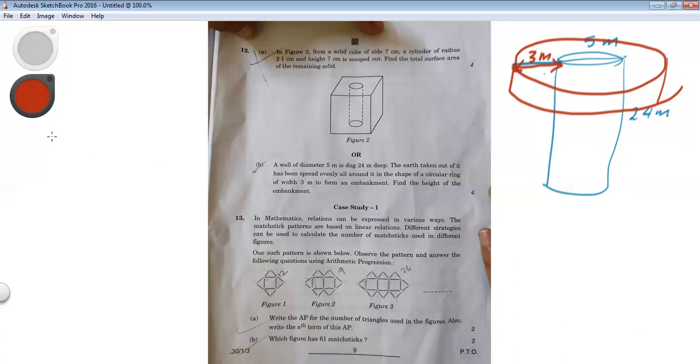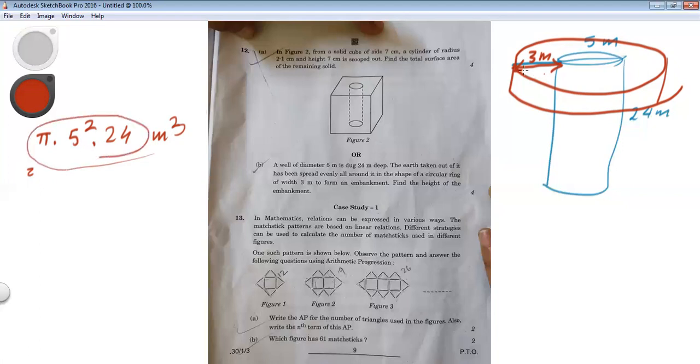The earth taken out is nothing but pi r square h, pi into 5 square into 24 meter cube. Keep it in terms of pi only. We just need the height, isn't it? So this is the volume that has been dug out.